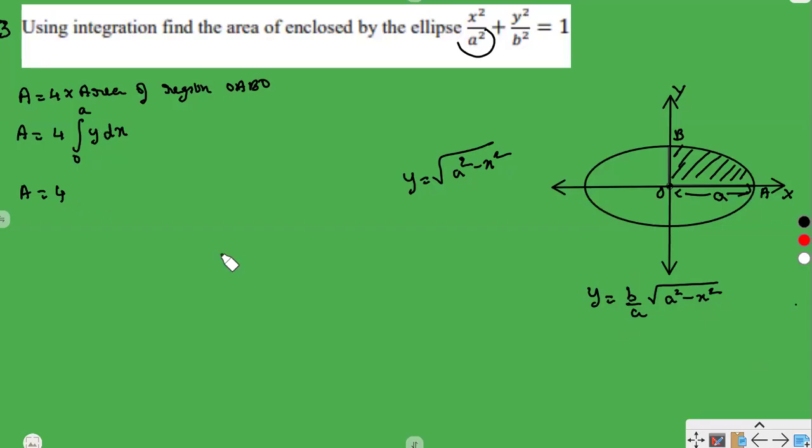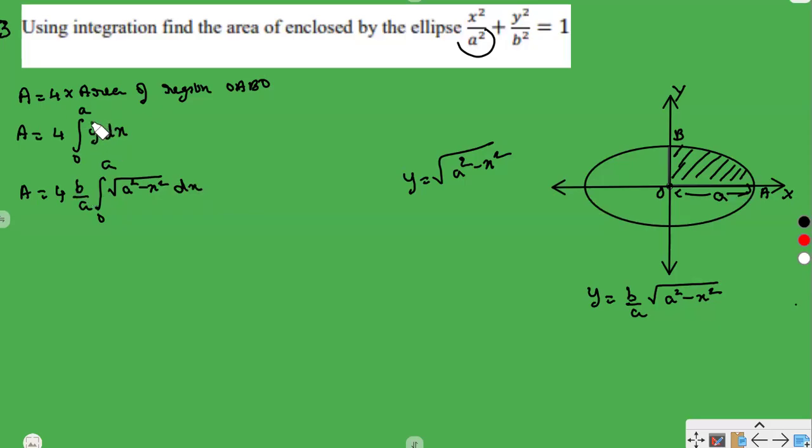While writing this in the integral, I'm going to write b by a outside the integral, from 0 to a, and within the integral I'm only going to mention root of a square minus x square dx. B by a is a constant, so I took it outside the integral.